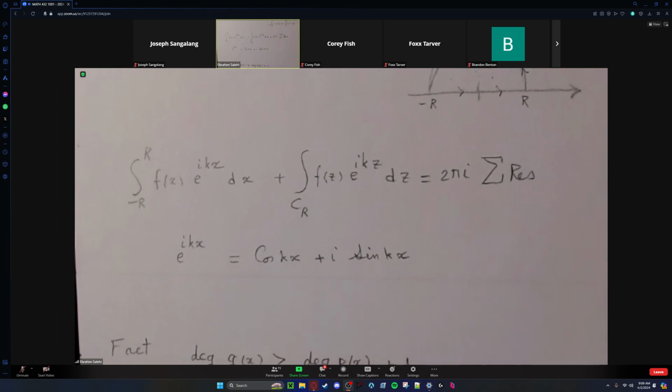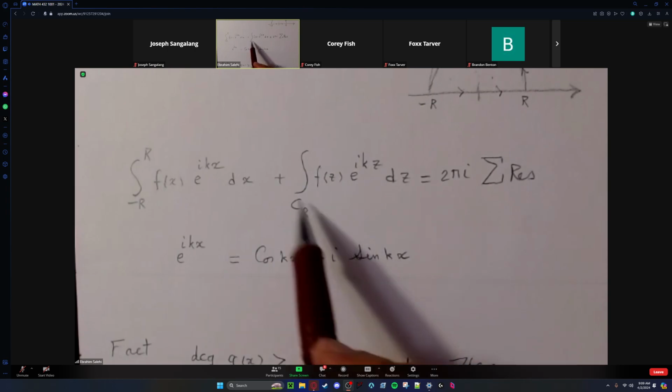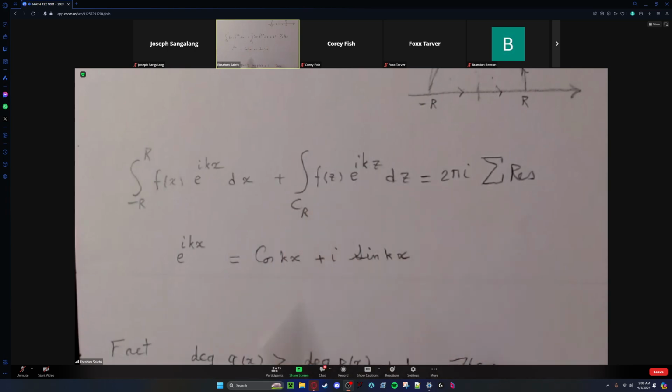If it is plus two, perfect, but we don't need plus two, plus one is enough. If this is true, then this integral, the limit is going to be zero.